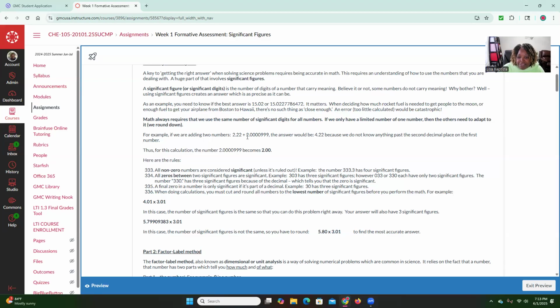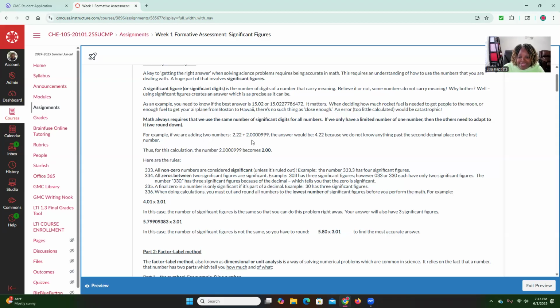So that gives us 5, 6, 7, that's 8 significant figures. So three significant figures and eight significant figures. If we were multiplying, we would go at the least, which would be 3. But because we are adding, we look at numbers after the decimal. So 2.22 has two numbers after the decimal.